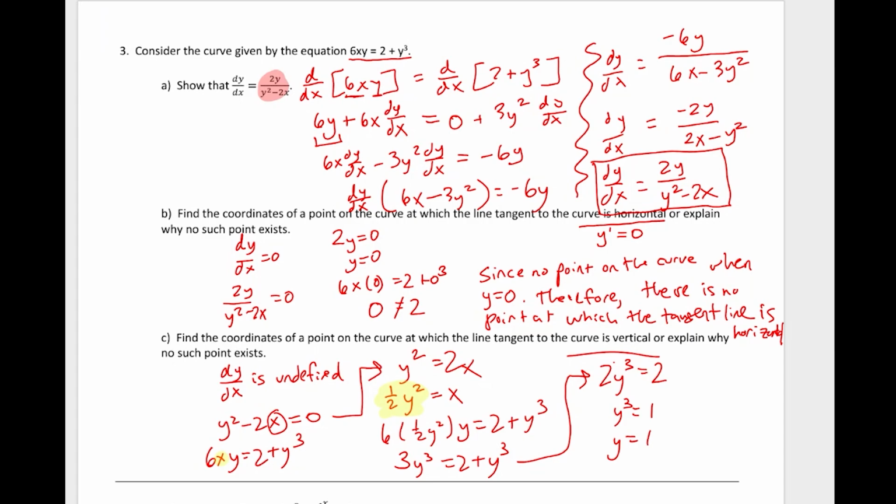So if y is 1, we can now go back and solve for x. Probably the easiest place to do that is in this equation right here because the x has already been isolated. So 1/2 times 1 squared is x. 1 squared is 1 times 1/2 is 1/2. So x is 1/2. So this one we actually do have a coordinate: 1/2, comma 1.